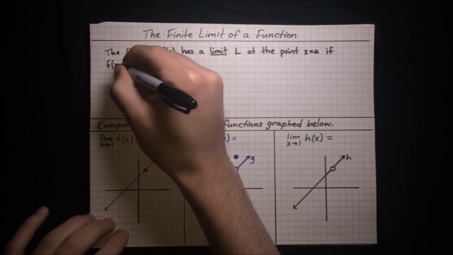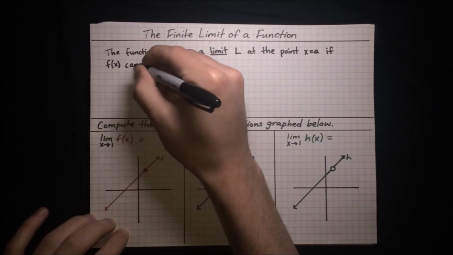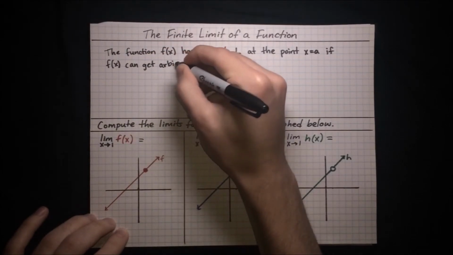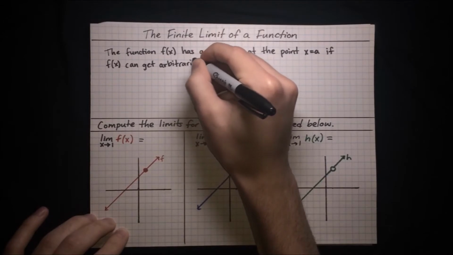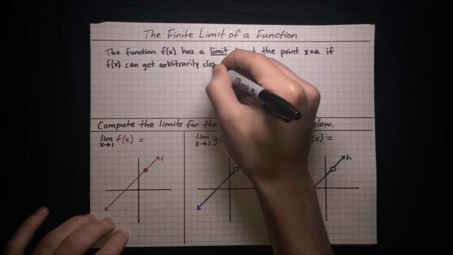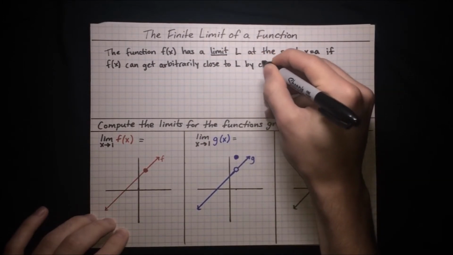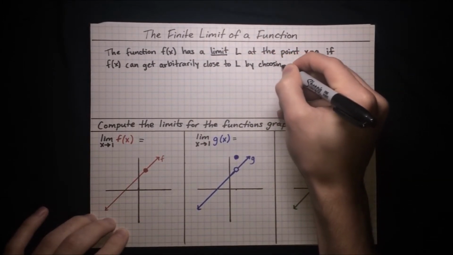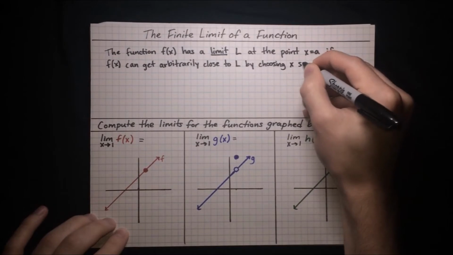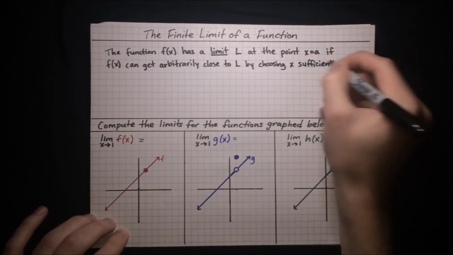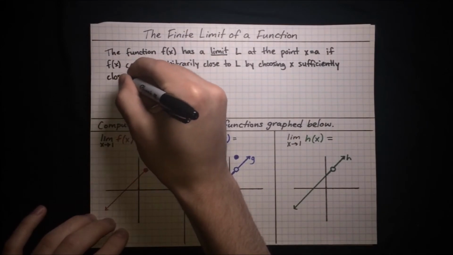If f of x can get arbitrarily close to L by choosing x sufficiently close to a.